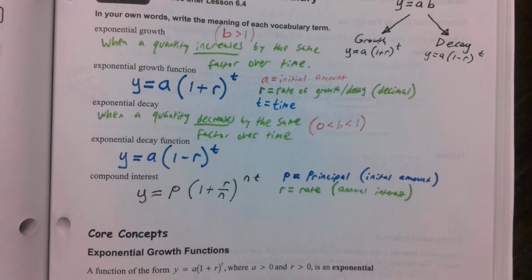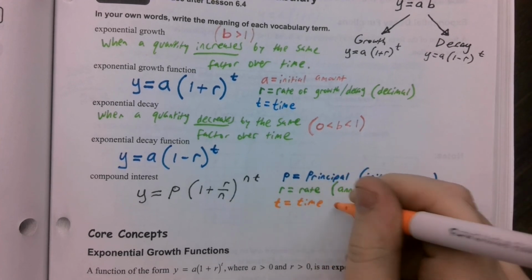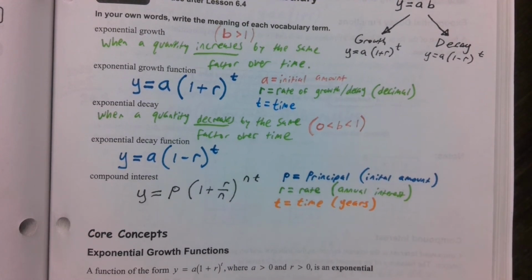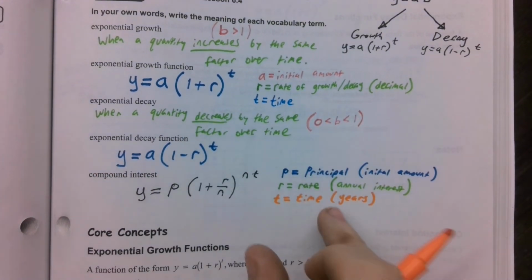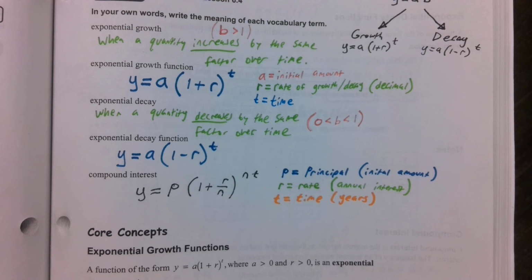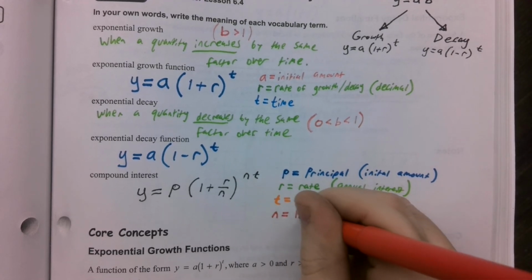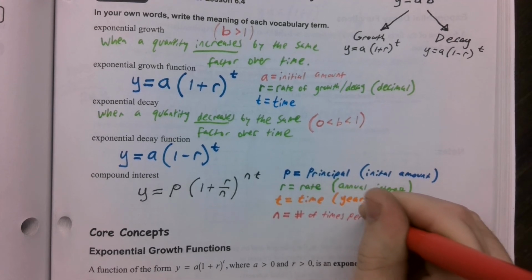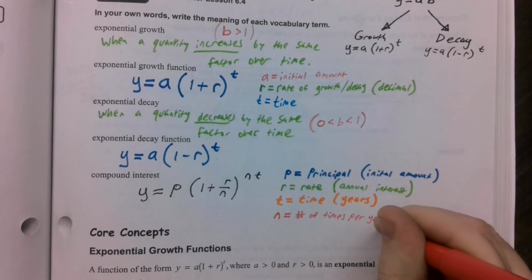T is going to be time, but it's more specific than that. Here, t is time in years. Previously, time could be anything. It could be months, seconds, eons, whatever. Specifically with compound interest, it is years. Finally, last but not least, n. n is the number of times per year the interest compounds.